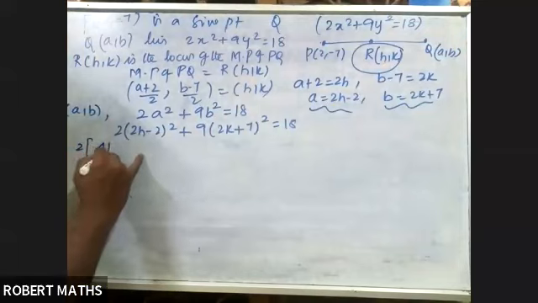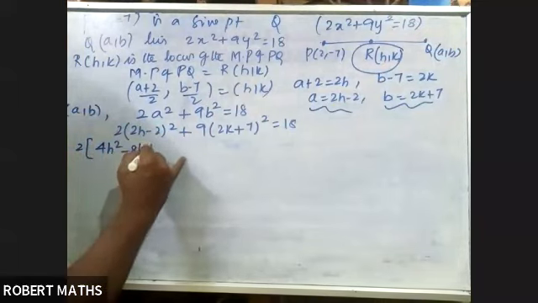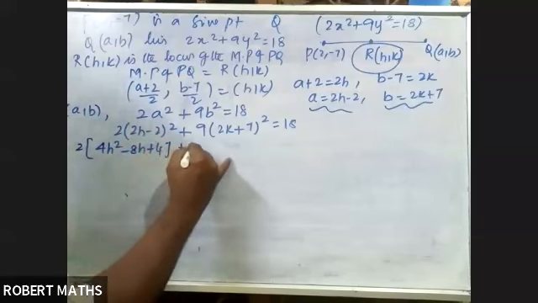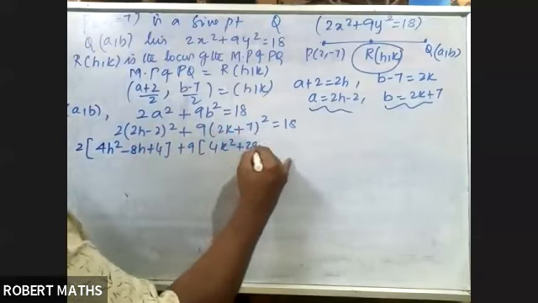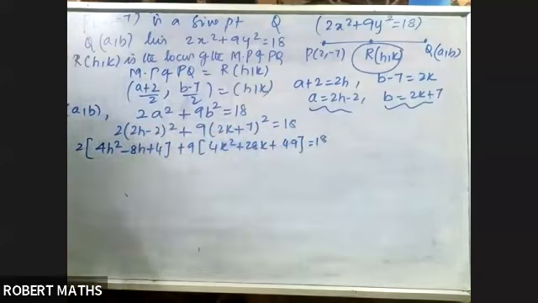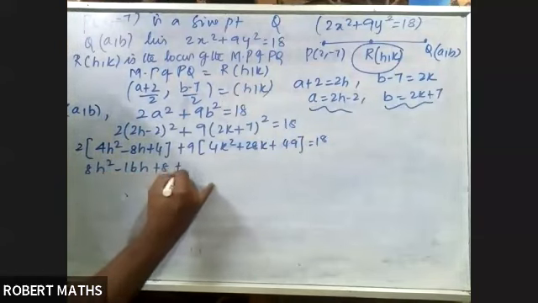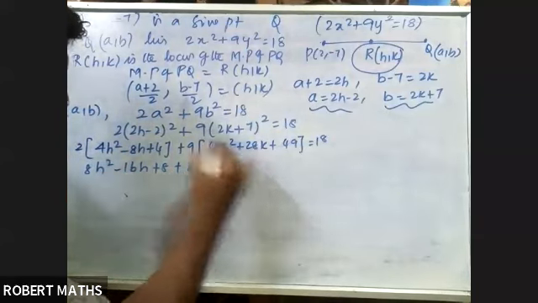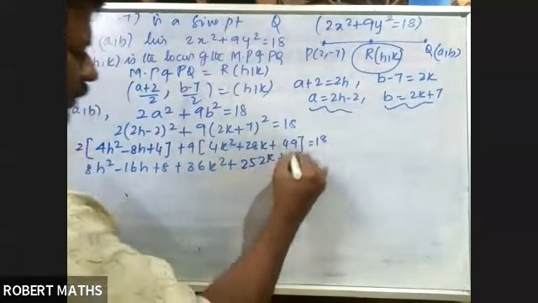2h square, 4h square minus 2ab: 2 2s are 4, 4 2s are 8, 8h plus 2 square 4, plus 9 into a square, 4k square; 2 2s are 4, 4 7s are 28k, 7 square 49, which is equal to 18. Now we'll get 8h square minus 16h plus 8 plus 36k square plus 28 into 9, 280 subtract 28, we'll get 252, we'll get 252k.